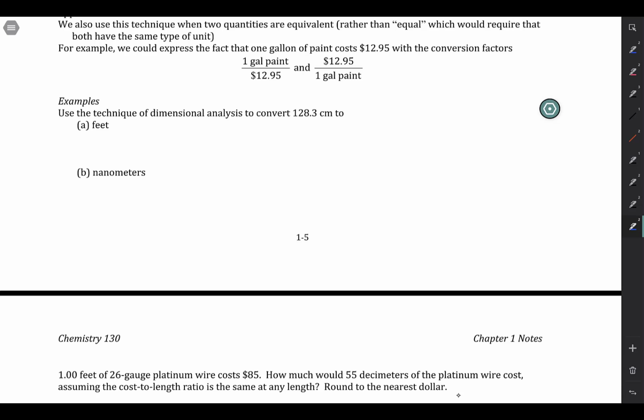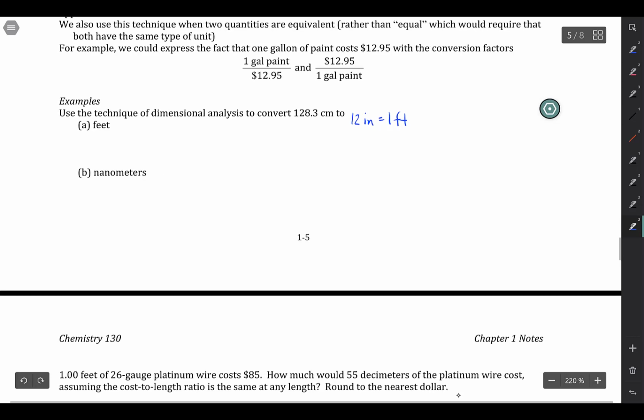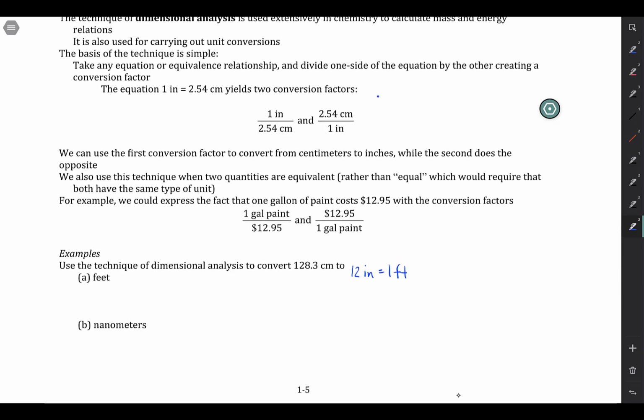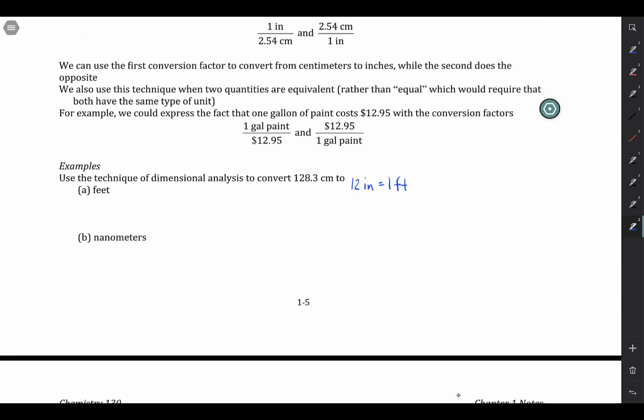We know we can go from feet to inches by the fact that 12 inches is equal to 1 foot. And I can use the relationship from just a little bit earlier in the notes here that 1 inch is equal to 2.54 centimeters in order to do that last step.